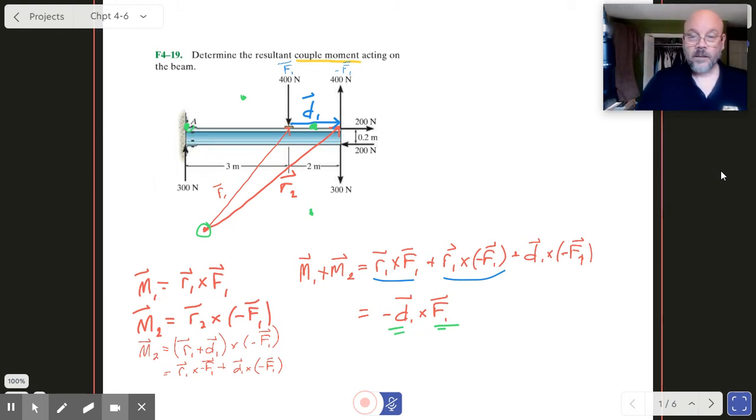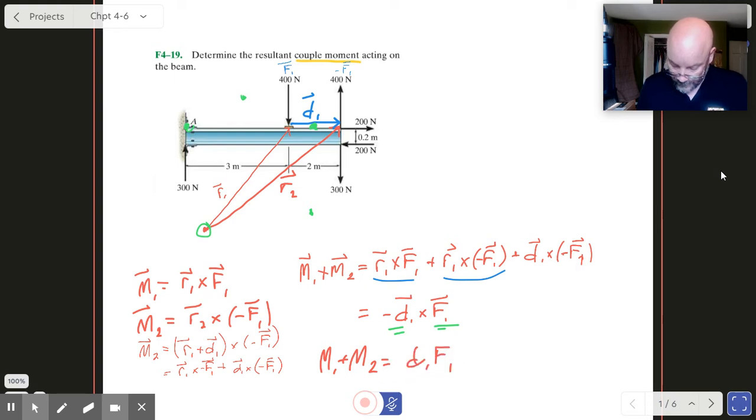So if we think just in terms of magnitude, M1 plus M2 is going to be D1 F1 sine theta. In our particular case, the way it's drawn, sine theta is 1 because theta is 90 degrees.